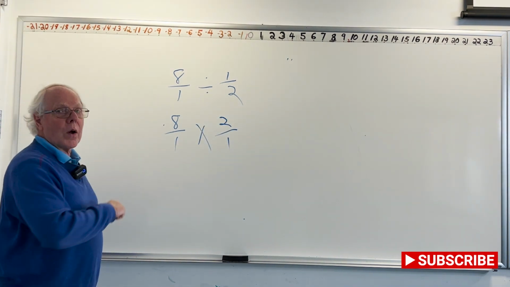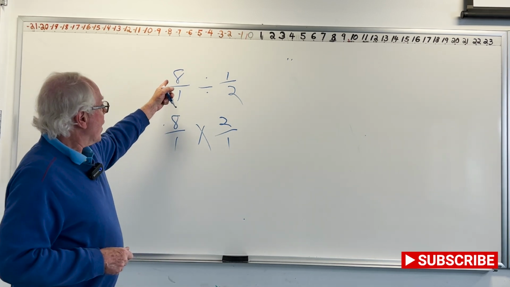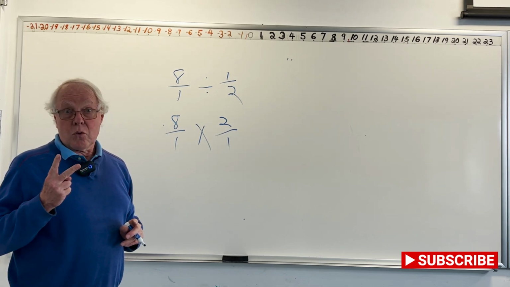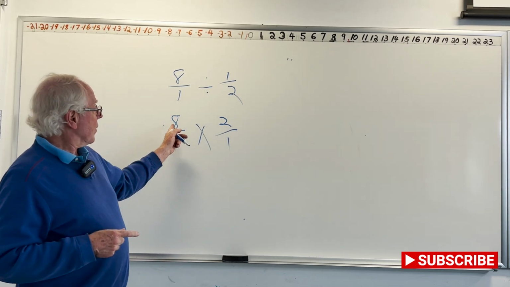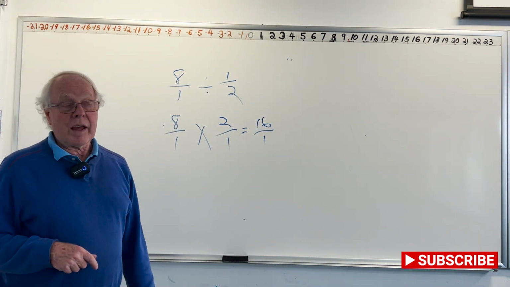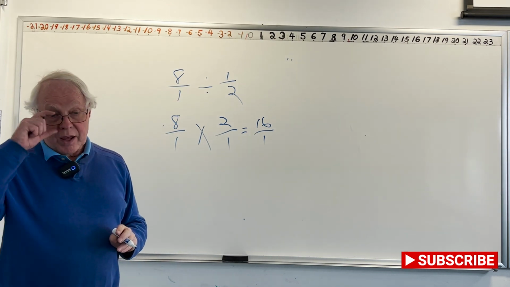And think about that. If you had $8 and you wanted to turn them all into half dollars, how many half dollars are you expecting to get for $8? Each of those dollars has 2 half dollars in it. So you're expecting 16 half dollars. 1/2 goes into 8 16 times.